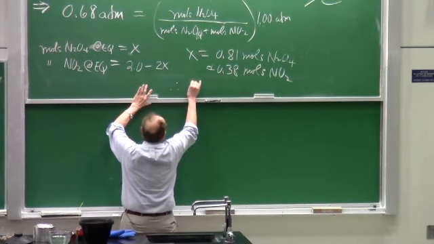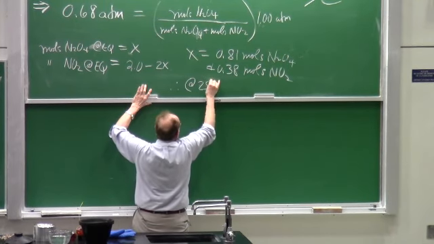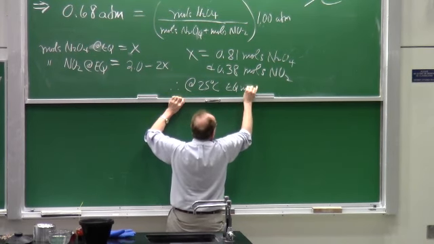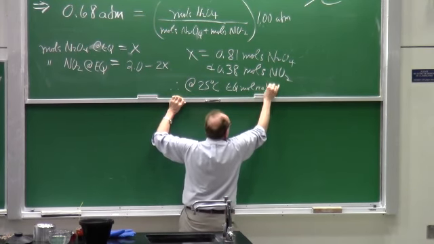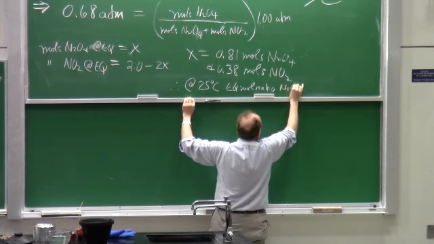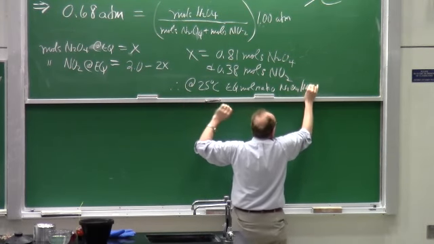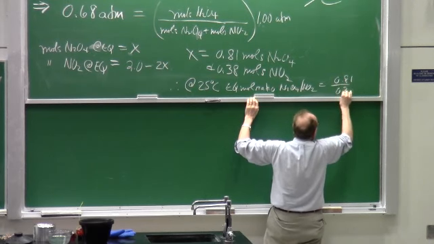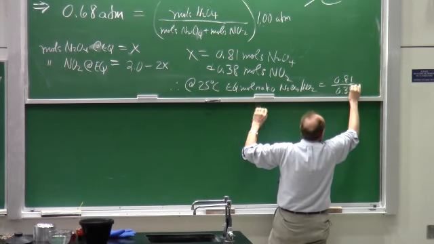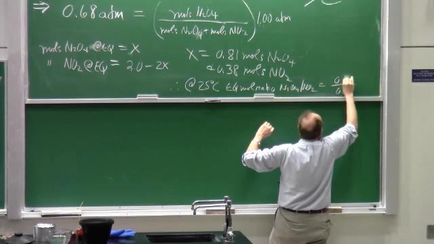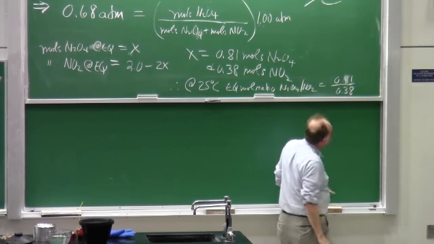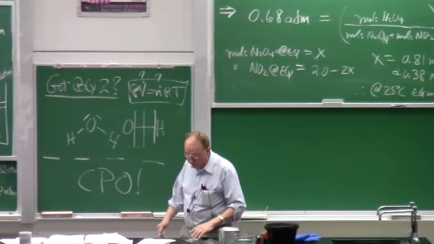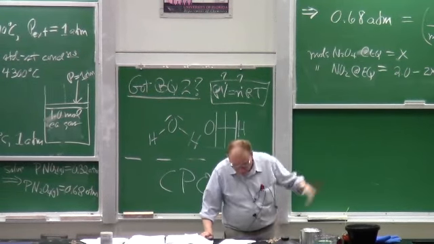Thus, at 25 centigrade, the equilibrium mole ratio N2O4 to NO2 is 0.81 over 0.38, about 2.1 to 1, 2.2 to 1, something like that.